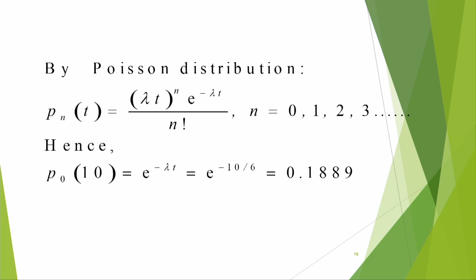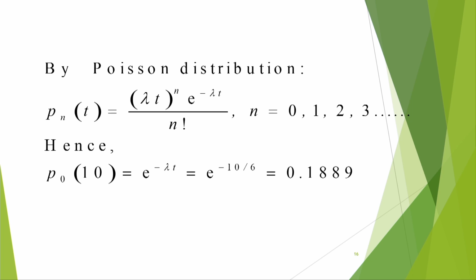Achha. Suppose the same problem is done by the Poisson distribution. So, Pn of t is equal to lambda t to the power n, e to the power minus lambda t, divided by n factorial, where n is equal to 0, 1, 2, 3, discrete values. This perhaps you can memorize also. This is by the Poisson distribution.